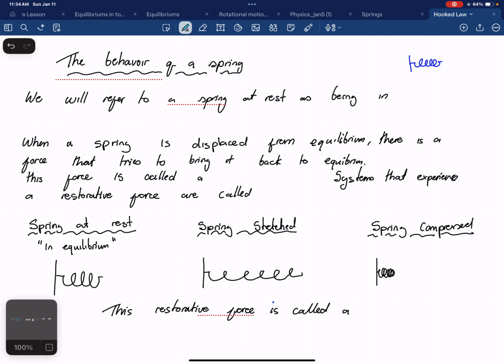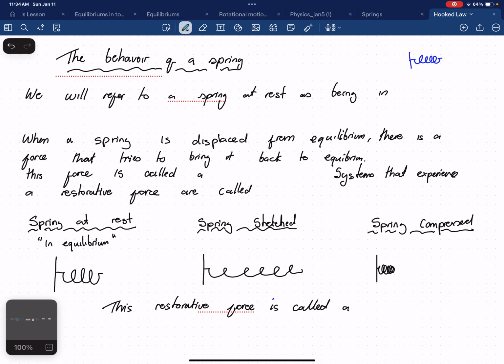So let's look at the behavior of a spring. Before we actually get to that, let's start with some terminology. We will refer to a spring at rest as being in equilibrium. Equilibrium in the context of springs means no forces are acting on it.